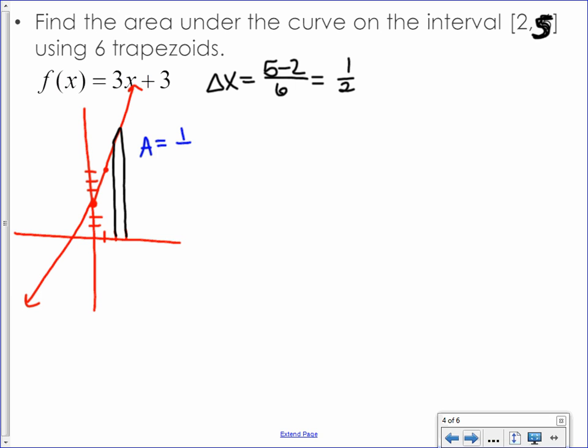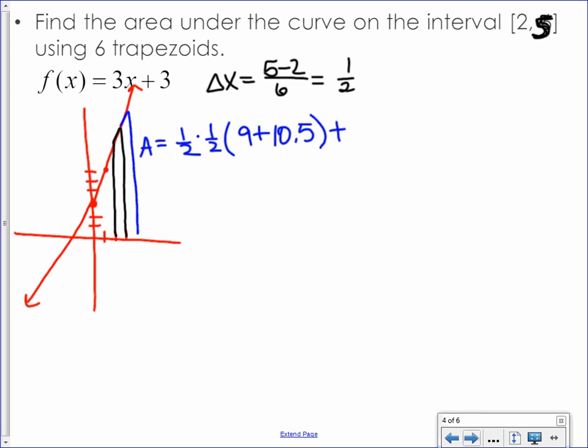The height is 1/2. Our bases, what is our function value at 2? Plus, what's the function value at 2.5? Okay.